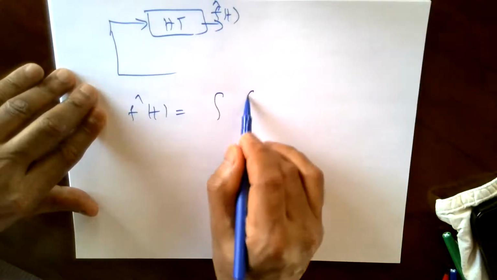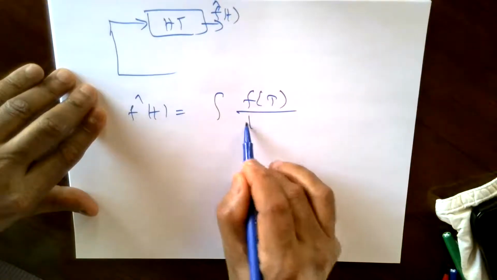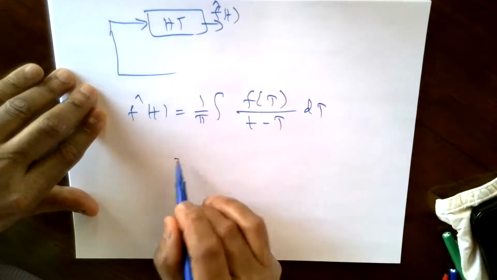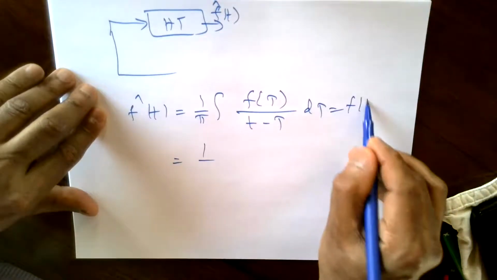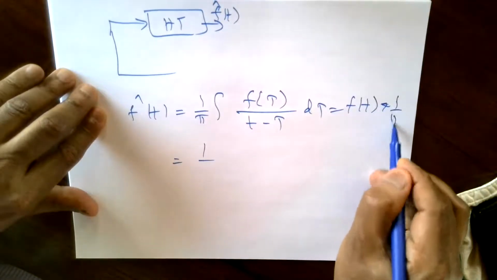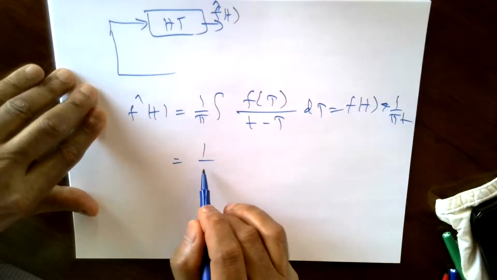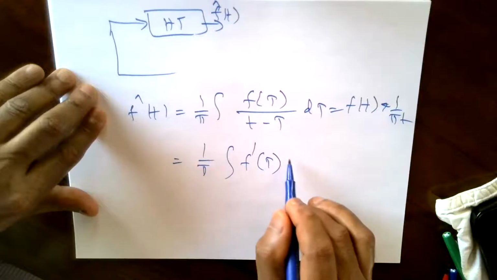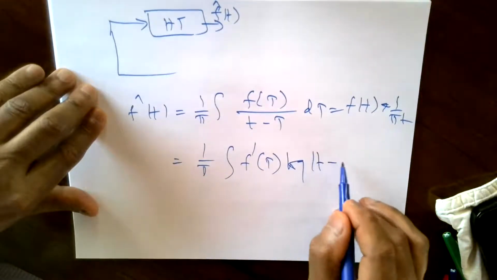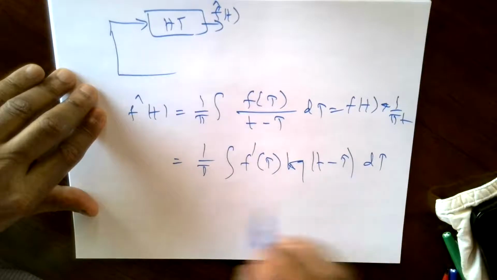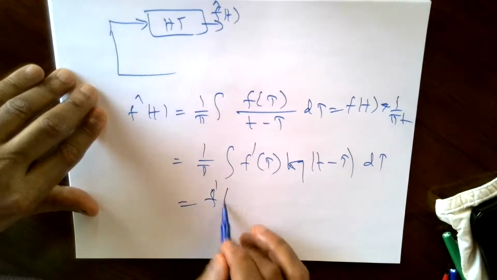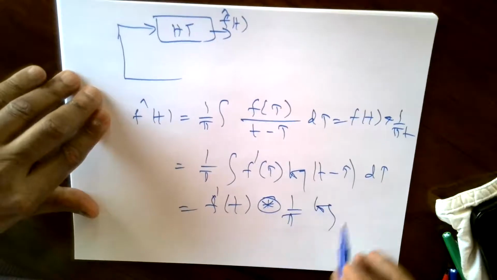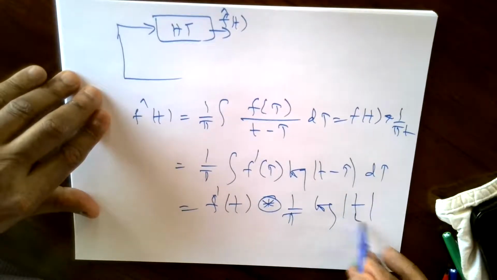So one way you can generate it is f(t) convolved with 1 over pi t, or f prime of t convolved with 1 over pi log, natural logarithm of t.